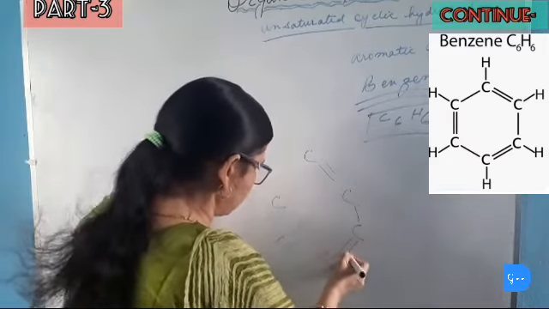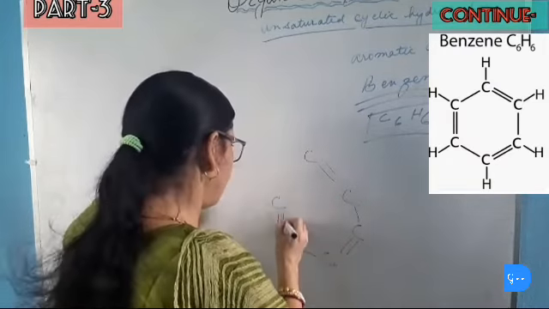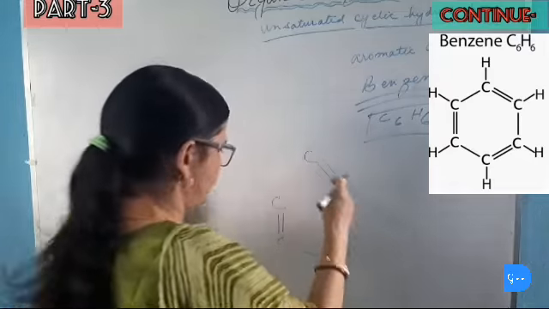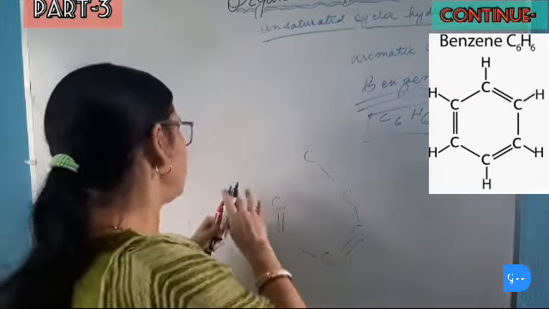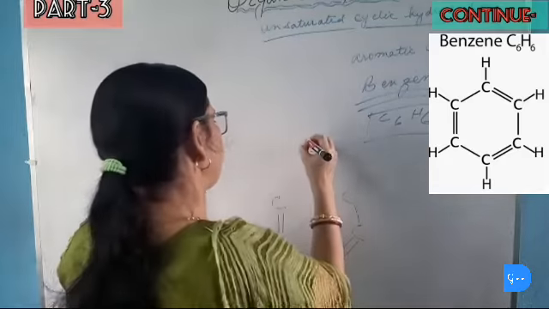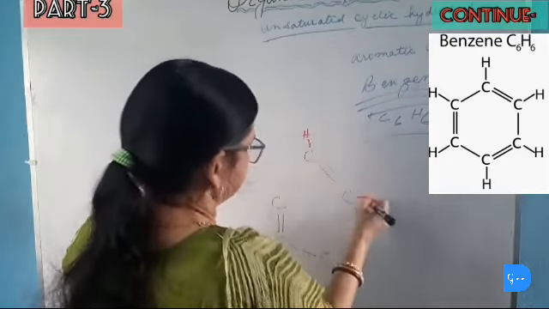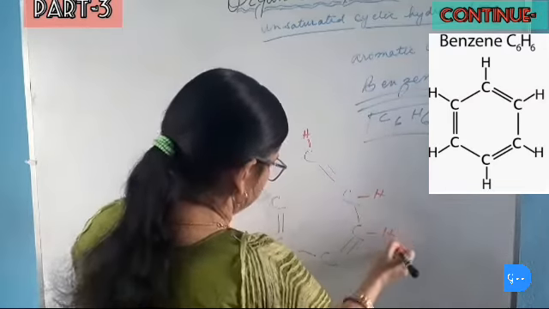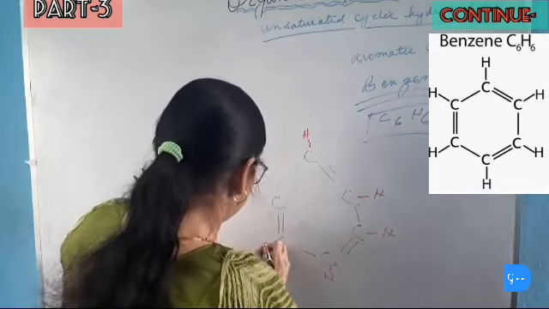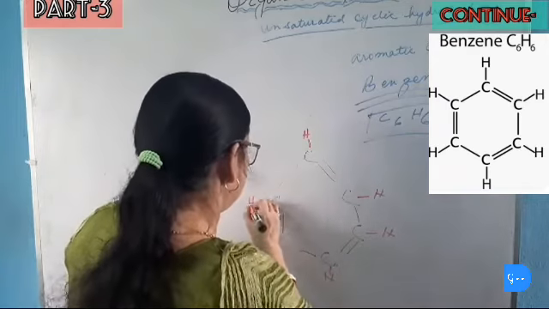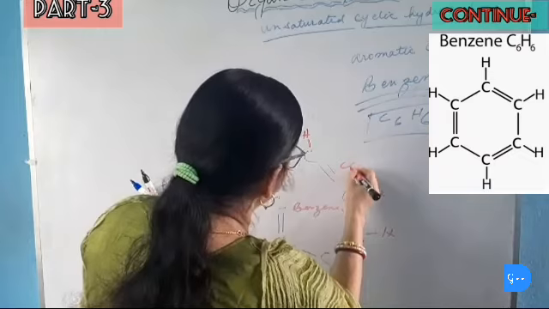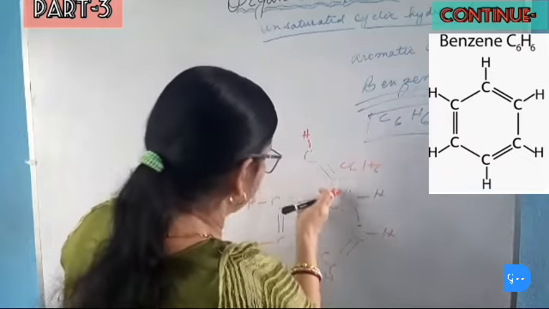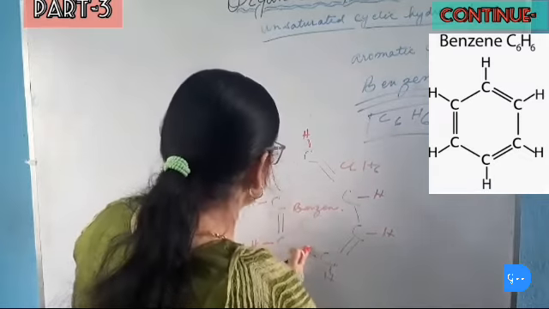Again double bond, single bond, double bond, single bond. So there are 3 double bonds and 3 single bonds, and the number of hydrogen atoms present will be 1 in each case. This is the structure of benzene, C6H6.